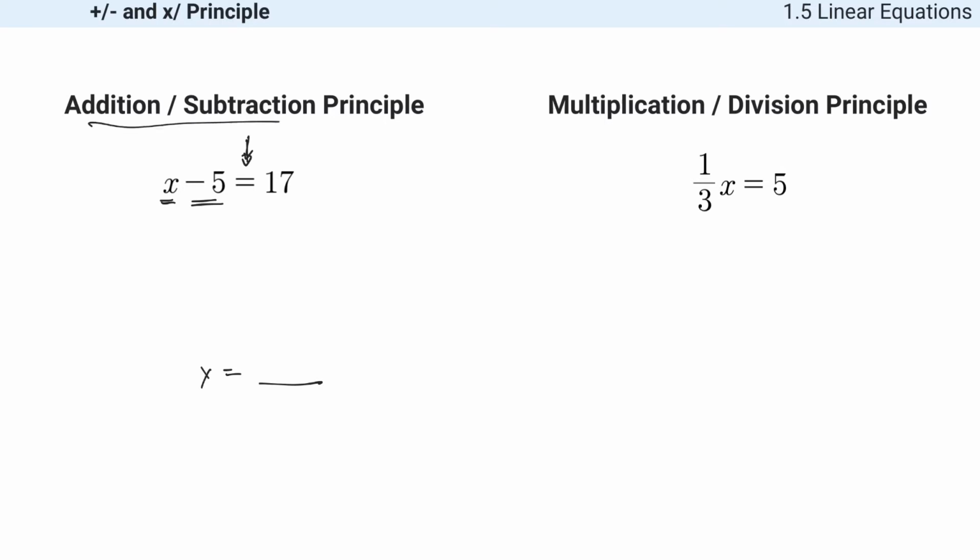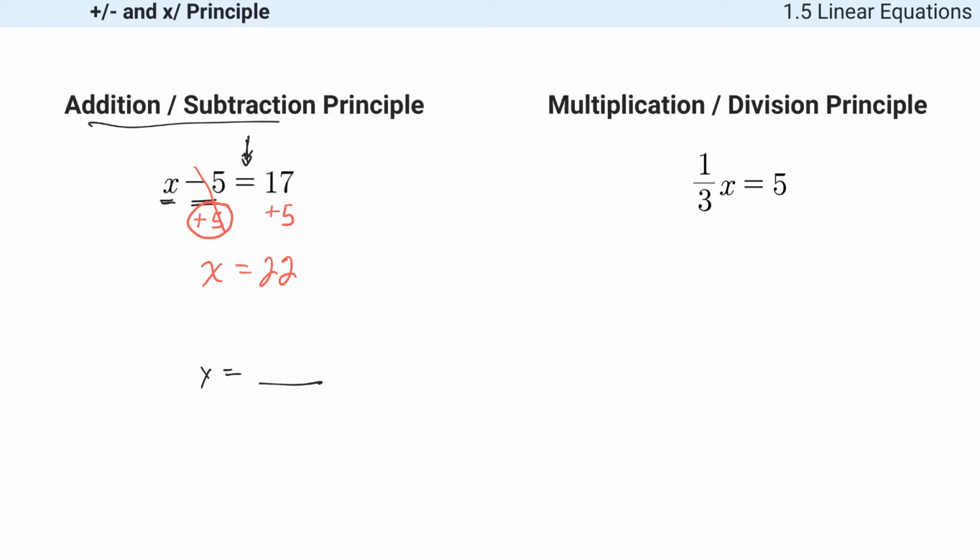To get rid of a minus 5, you could add 5, and if you do that, those cancel out, and all you're left with is x, which is what we want. But you can't just add 5 to one side, you also have to add 5 to the other side. So in this case, 17 plus 5, 22 would be my answer for that one. So that's the addition subtraction principle.